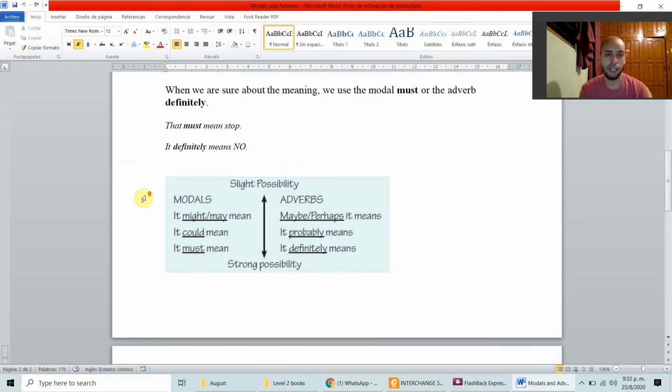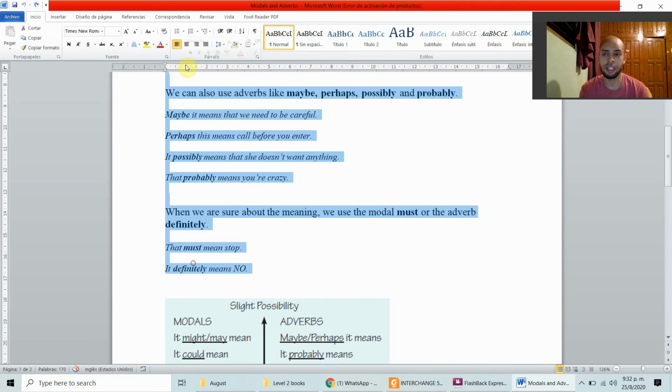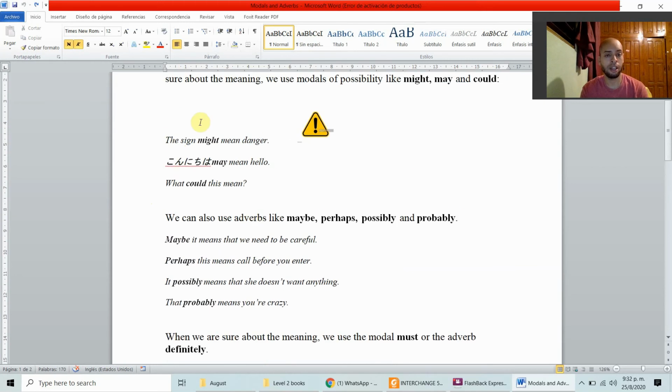But the modal verbs, we use after the subject of the sentence. For example, that must mean stop, and here the sign might mean danger.